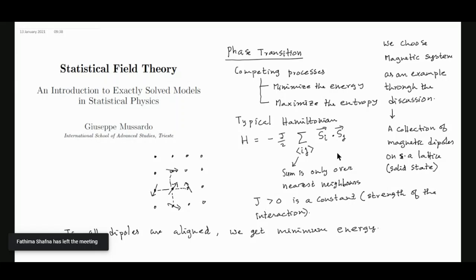There is a variety of phases, and here we have what is called a phase transition, the paramagnetic to ferromagnetic phase transition.